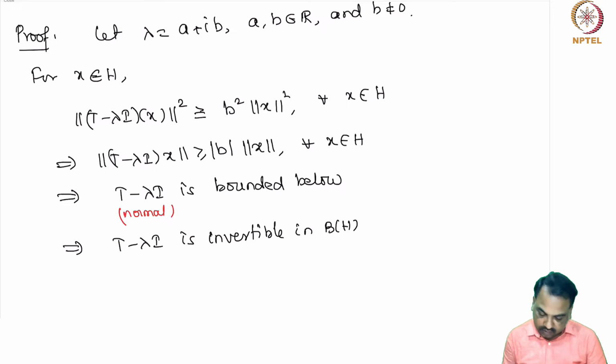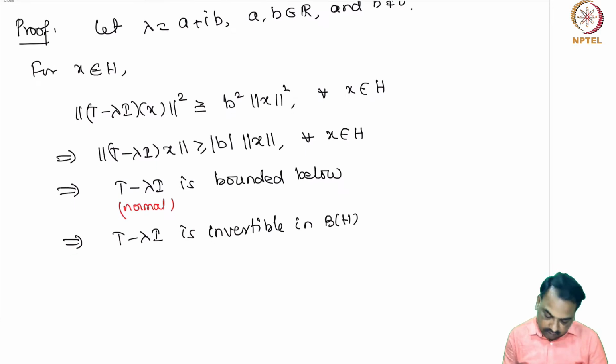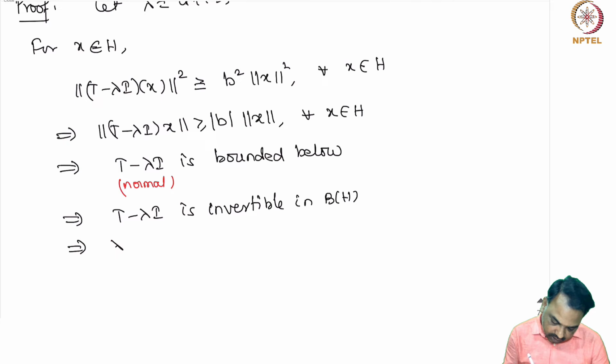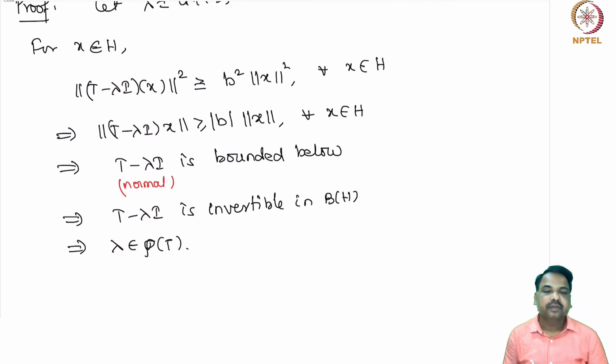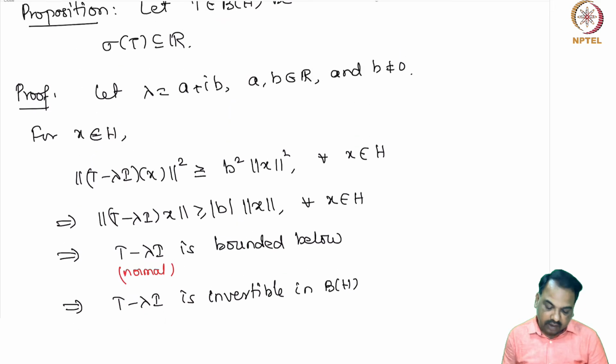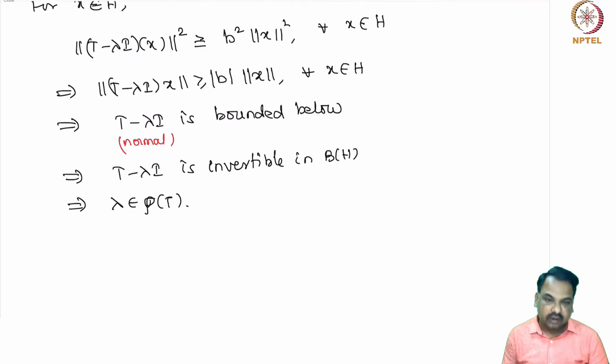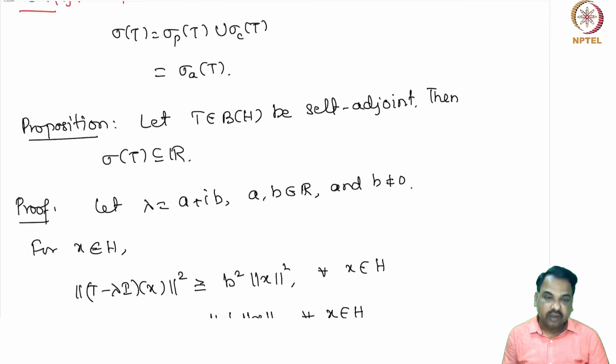The inverse (T minus lambda) inverse is in B of H. This implies lambda is in the resolvent of T. Okay, so when lambda has a non-zero imaginary part, then we have shown that lambda is in the resolvent of T. So that means if lambda is in the spectrum of T, then B must be 0.